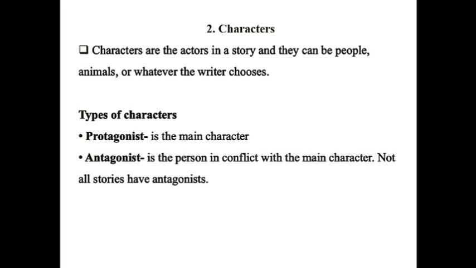Now there are different types of characters in a story. They are protagonist and antagonist. Protagonist is the main character in a story, and antagonist is the person in conflict with the main character. Remember, not all stories have antagonists, so these are the two types of characters.